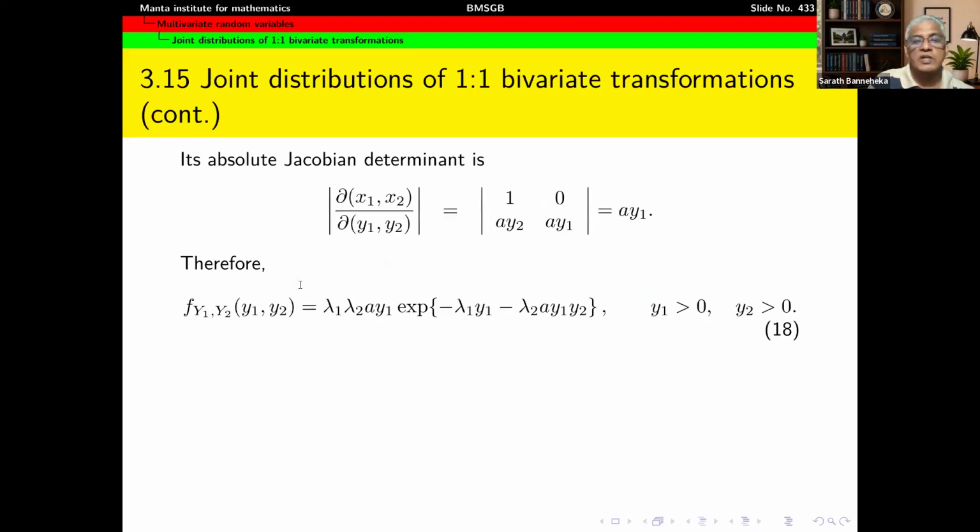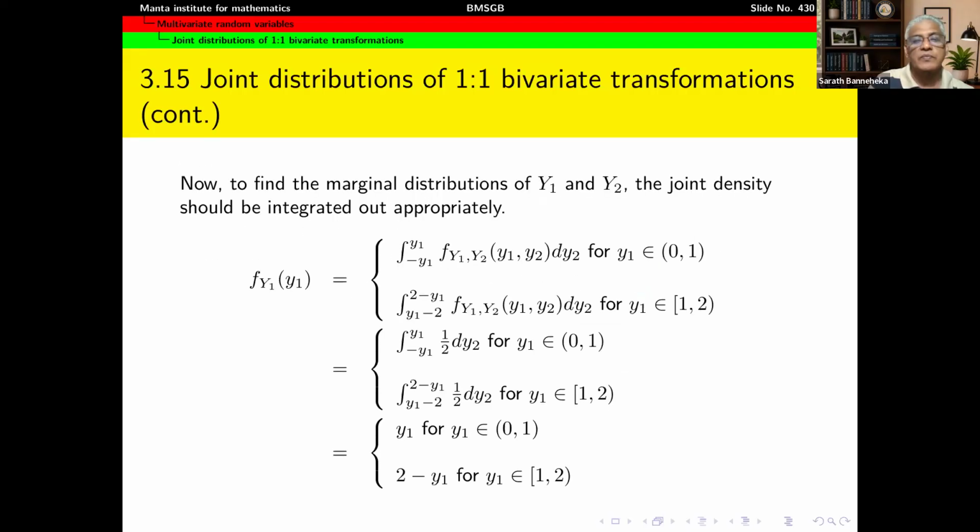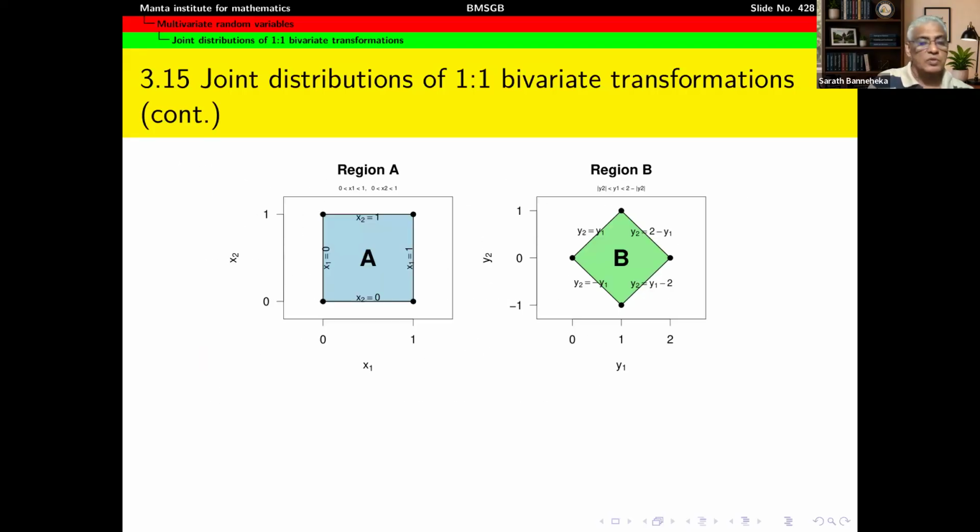So let's consider this picture again. Now I want to get the marginal density over this line here. You will see that the marginal density has to have two parts.